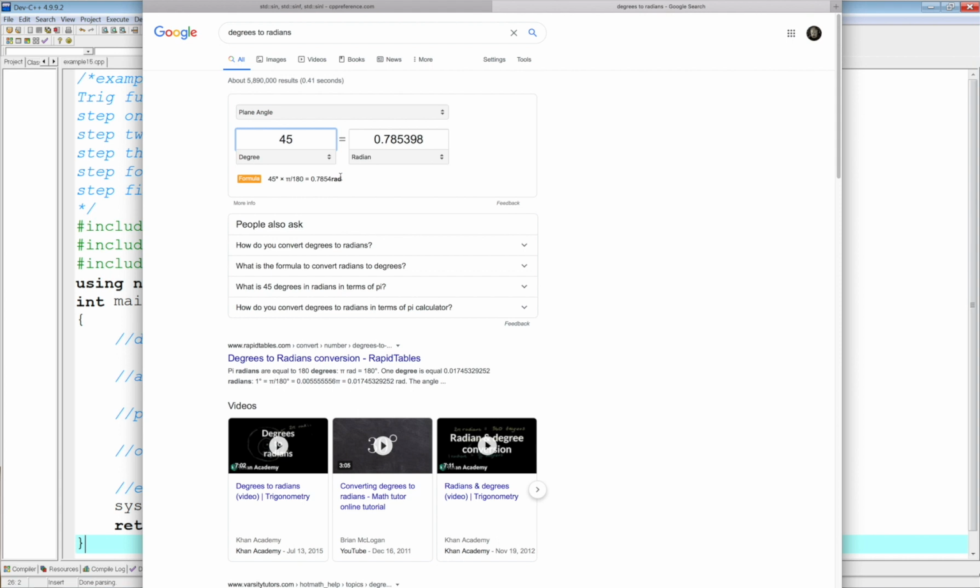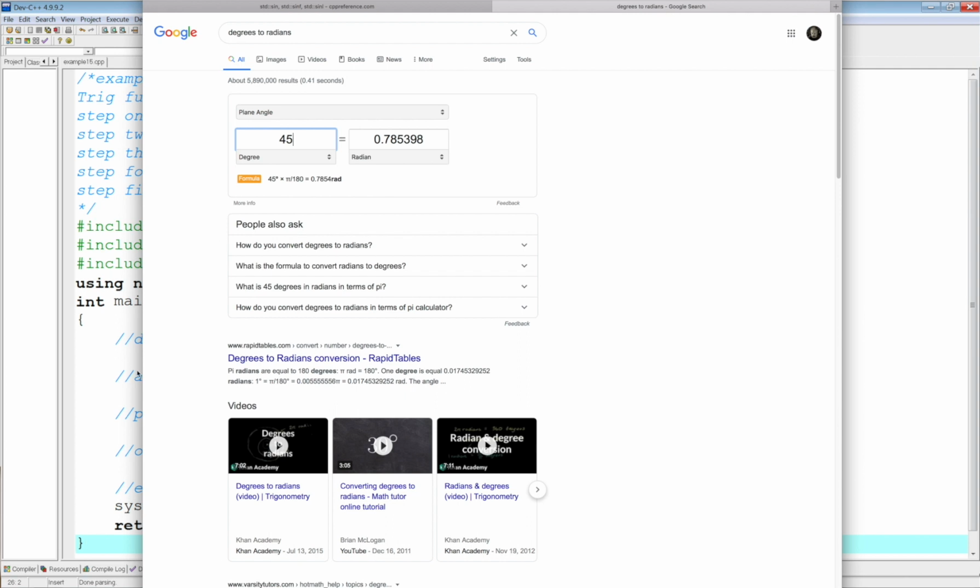So you could round it up to 0.8 radians if you wanted to stay at 1 decimal point. So that's basically the formula. So I'm going to keep that. We're going to use this formula for our intermediate conversion from degrees to radians before we actually solve for cosine and sine.